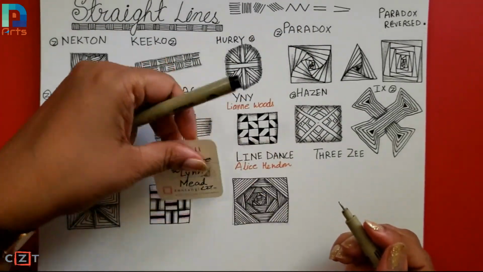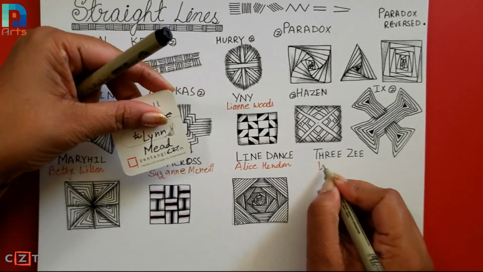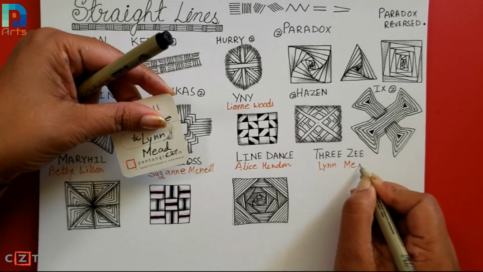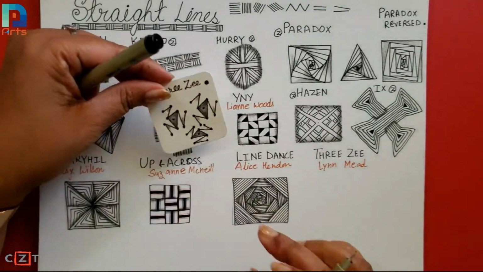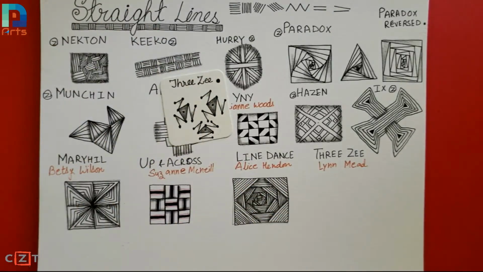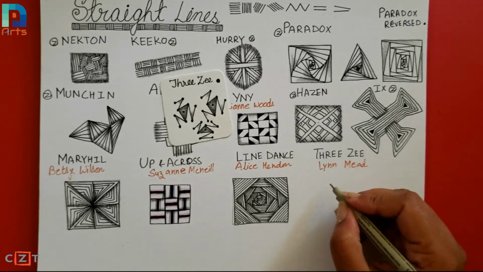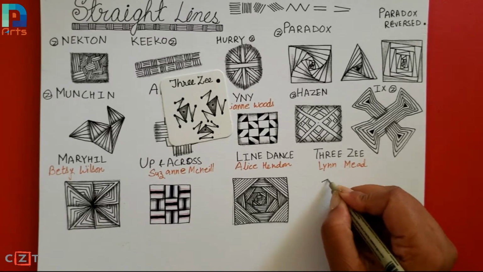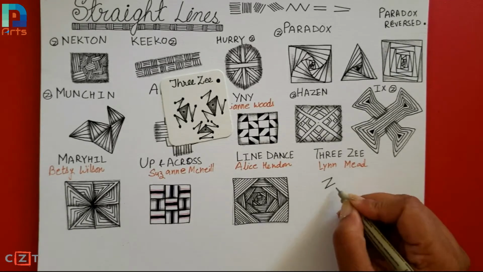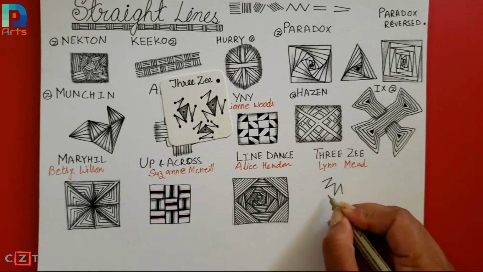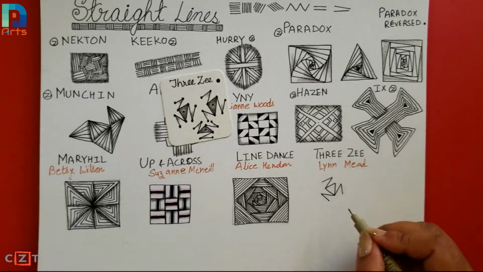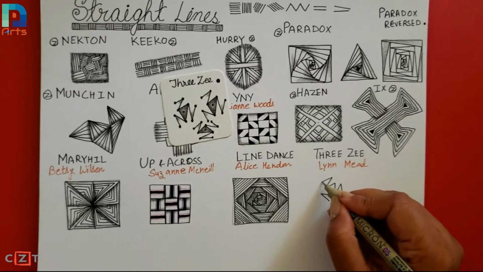And this tangle has been deconstructed by Lynn Mead, CZT. It is such an easy and quick tangle to fill the area with straight lines. So you actually draw 3 Z's. How do you draw? Like the 1 Z, 2, 3. So if you twist them, they are kind of the 3 Z's connecting together.